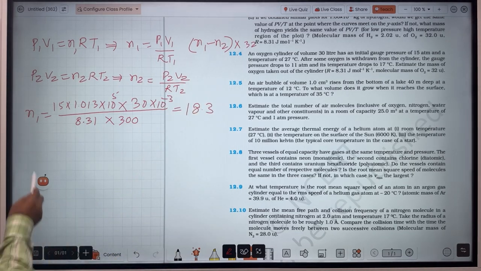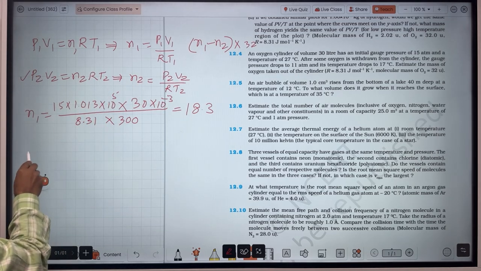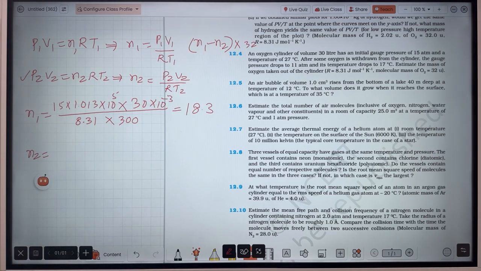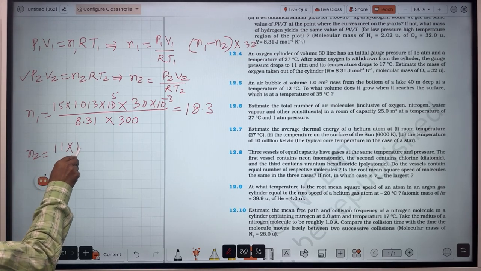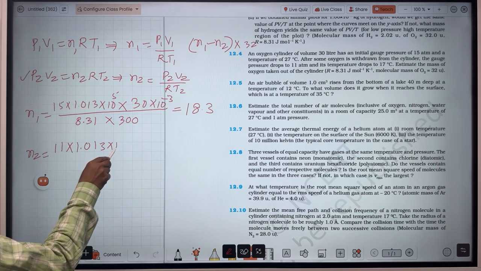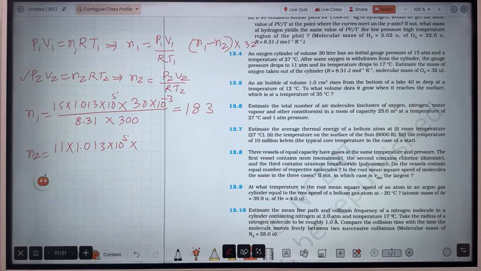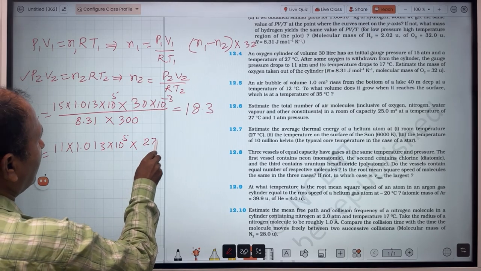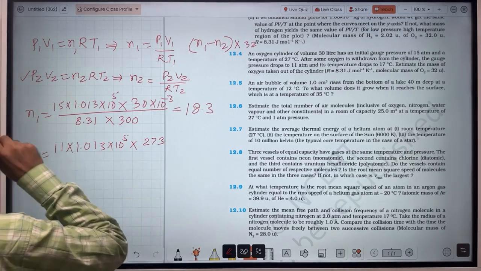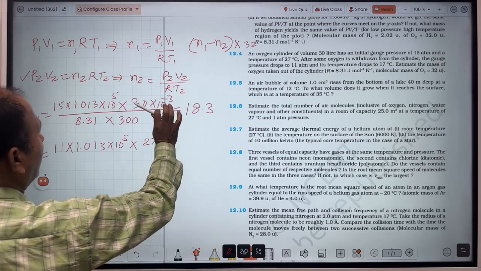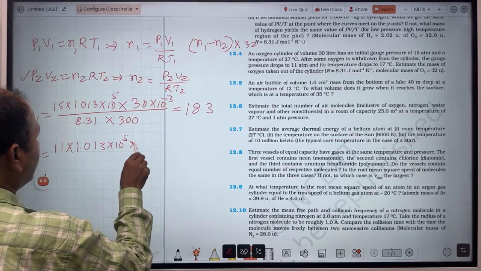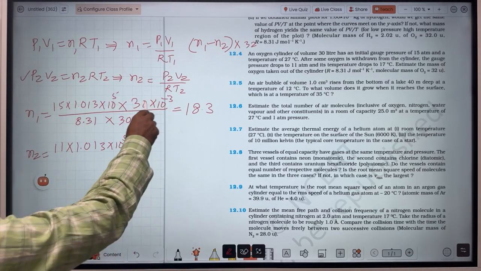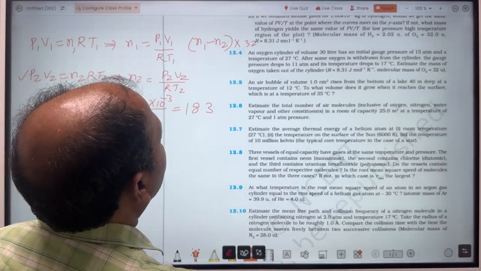right, moles. Now we consider this equation from here, N2. Here P2 pressure decreases to 11 atm. So 11 into 1.013 into 10 to the power 5. What about temperature? Temperature drops to 17 degrees. So 273 plus 17. But here we have to write volume at this point. So this is P2 and then V2.